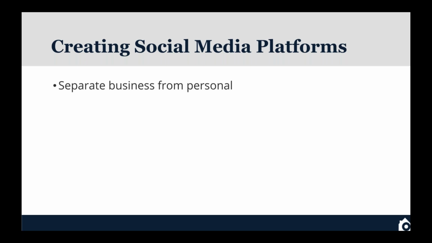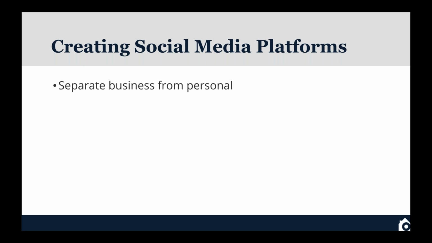For other platforms, it's kind of simple, but it's really not as simple as separating business from personal. A lot of the social networks today are getting a little better about that.